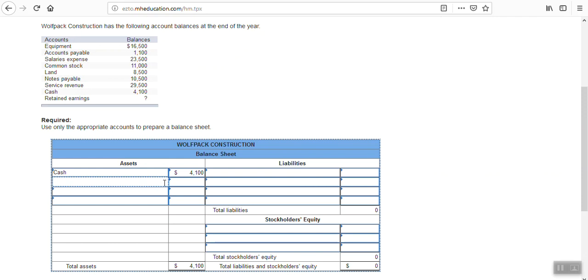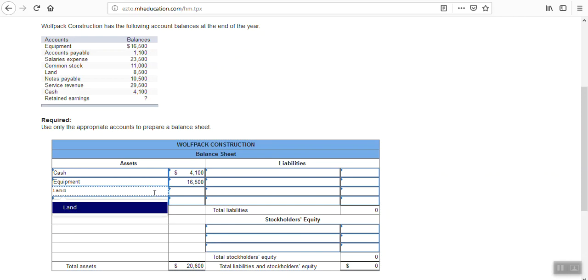And we've got equipment, and we're going to put in the amount. Oh, there was land. And we're going to put in the amount for that. I think that's it, but we can always go back.